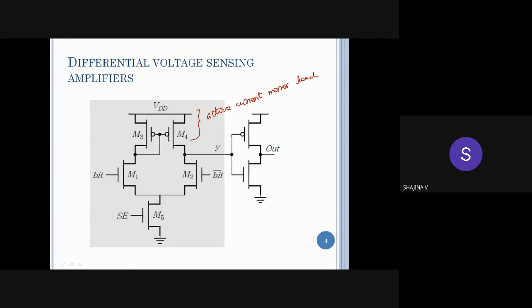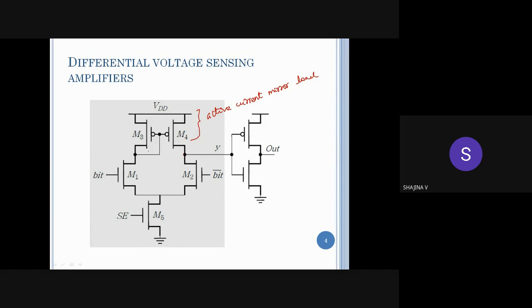This M3 and M4 together constitute this active current mirror load. The connection will be like this. That is, these gates will be connected together, and the common point is connected to the drain of transistor M3. And here it will be connected to the output. So this is the active current mirror load.